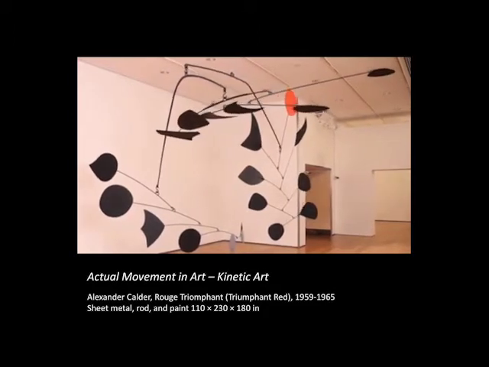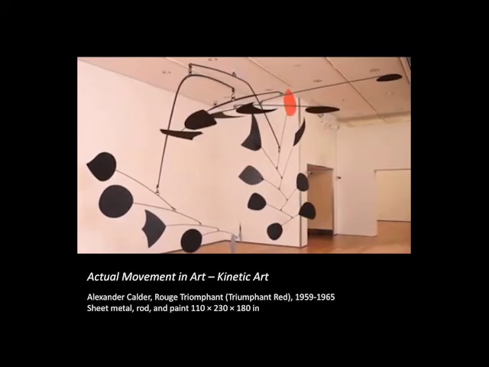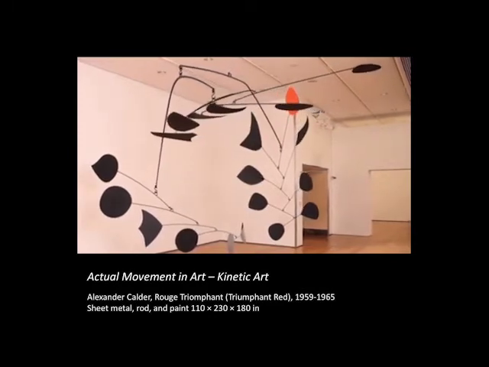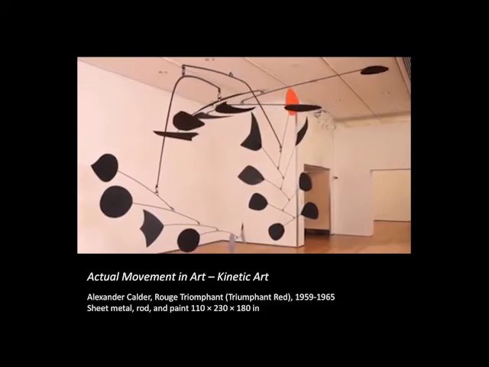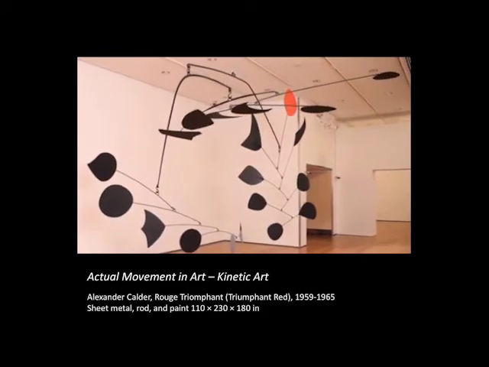You can see here it's 110 inches by 230 inches by 180 inches. It's not small. And it takes very little wind or even someone blowing on just one of the panels to put it into motion. That's how perfectly balanced it is. So it is actually in movement.